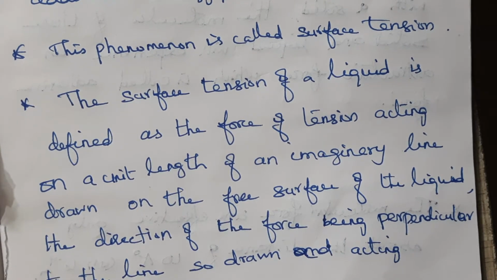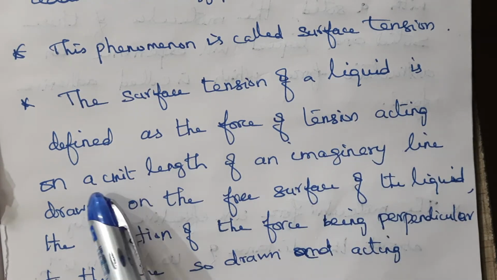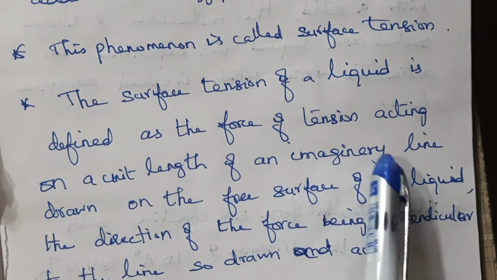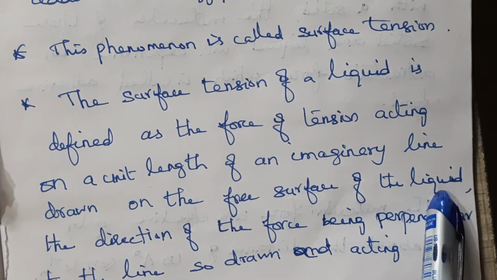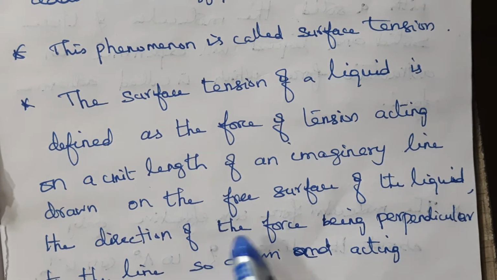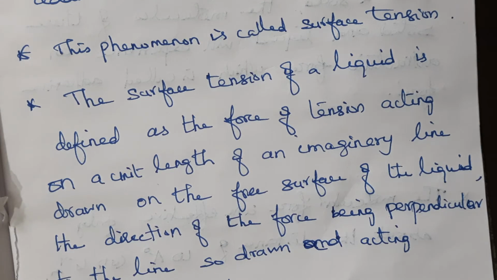So what is surface tension? It is the force acting on the surface of the liquid, the force of tension acting on a unit length of an imaginary line drawn on the free surface of the liquid, perpendicular to the line and parallel to the surface. This is about surface tension.